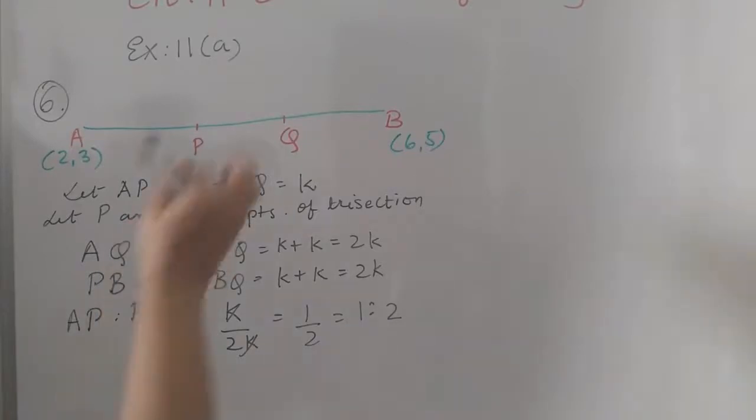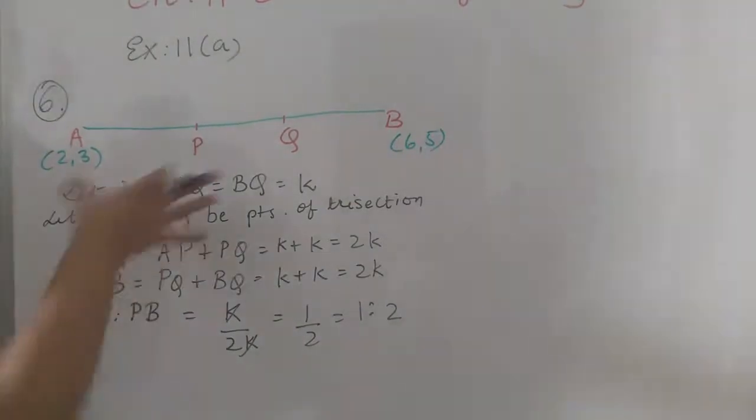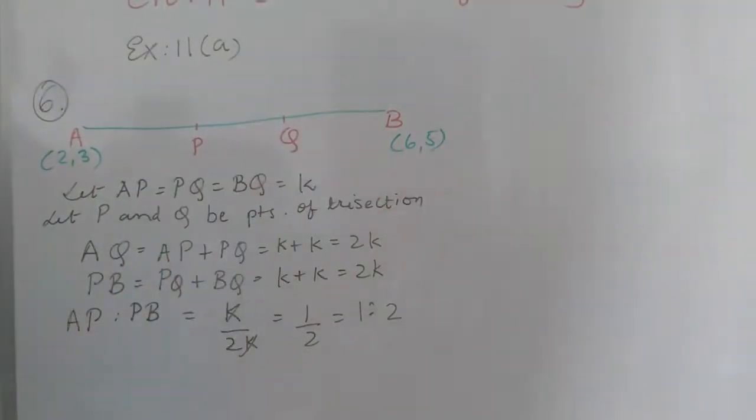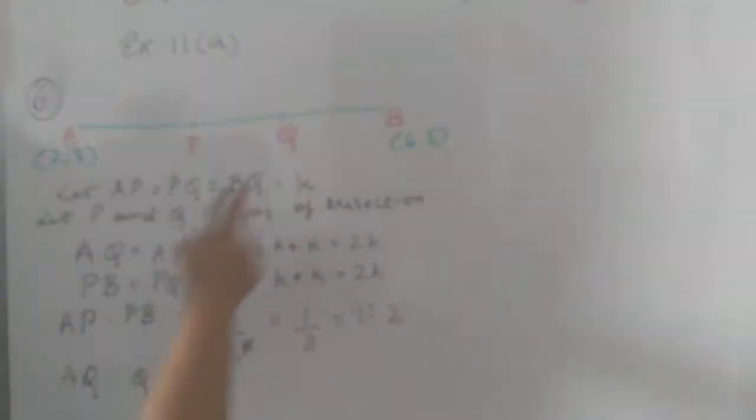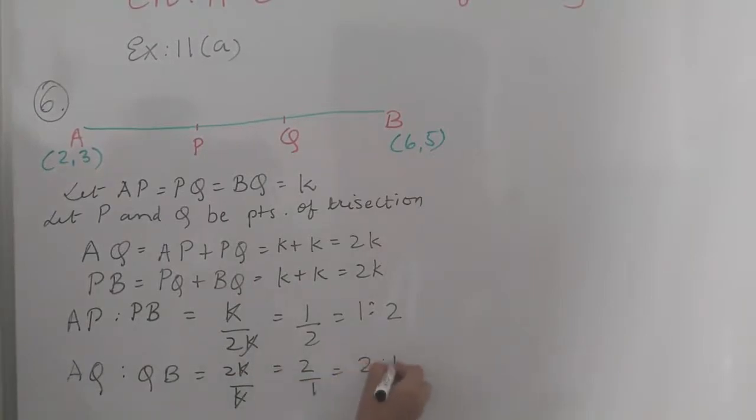And when we want to find the Q coordinates, at that time we will use the ratio AQ to QB. AQ means the whole, that is 2K, and QB is K. It means 2 by 1, the ratio 2:1.